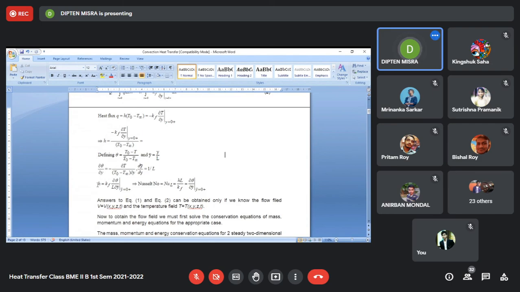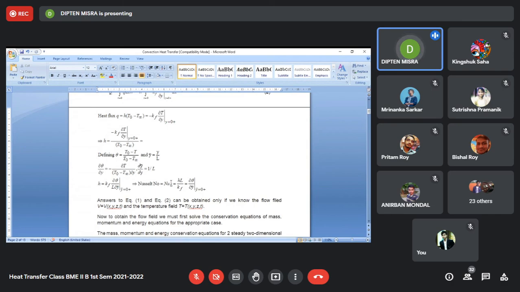H, when you give it in this form, is a dimensional form. You can give H in a dimensional form, or you can give Nu in a dimensionless form. One is the replica of the other expressed in two different forms. This is the expression of H in a dimensionless form, and this is the expression of H in a dimensional form. Knowing this, you can find out this.